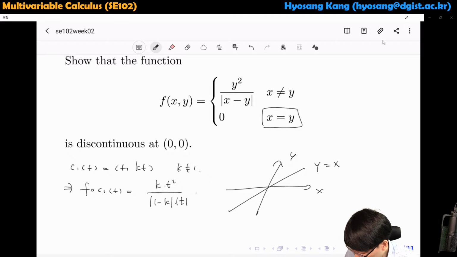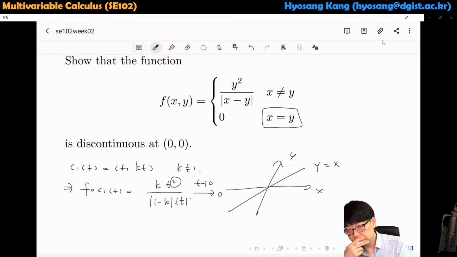So when t goes to 0, we have a degree 2 polynomial and a degree 1 polynomial. The sign doesn't matter because t goes to 0, it always goes to 0. So if I take a straight line path approaching (0, 0), it always goes to 0.